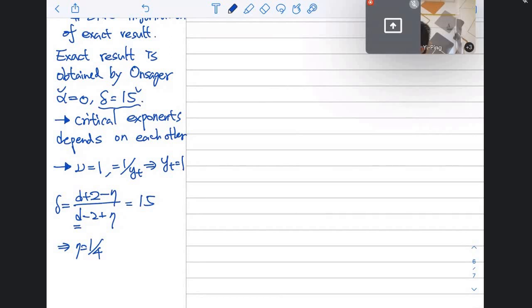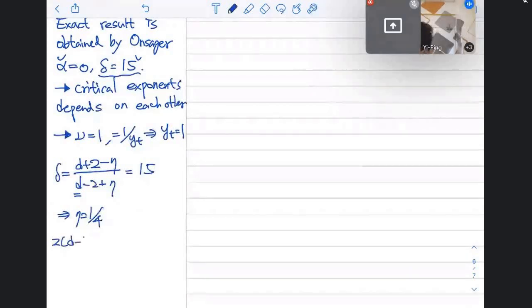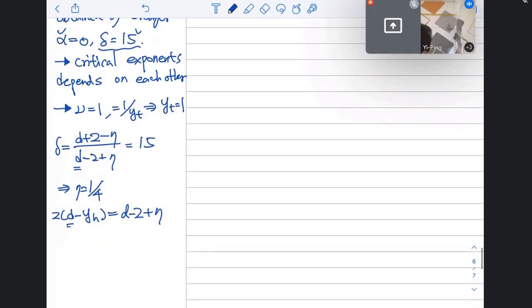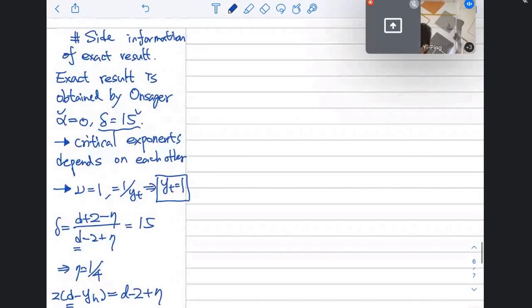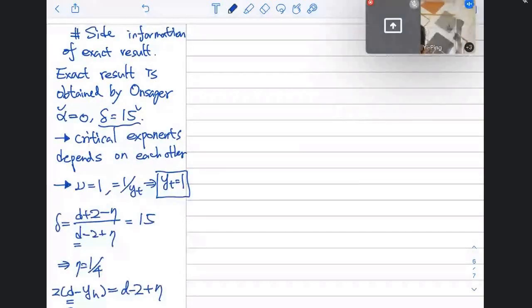You can plug that into the scaling relation that we previously derived, and you get y_h equal to 15 divided by 8. So these two pieces of information are the important information that we would like to check. At the left panel, we are not really deriving y_t and y_h directly.